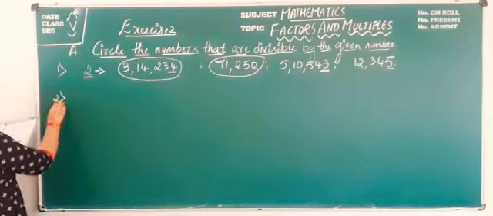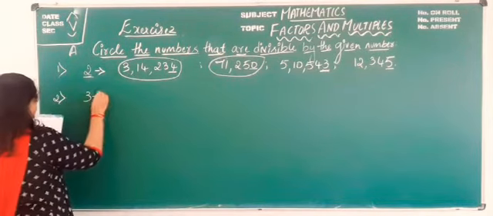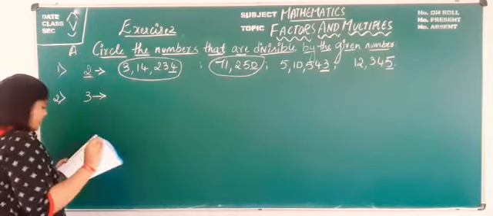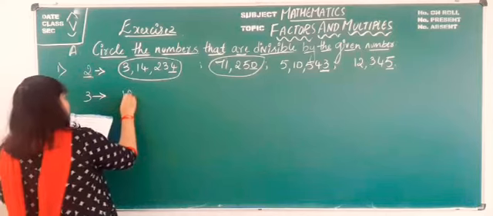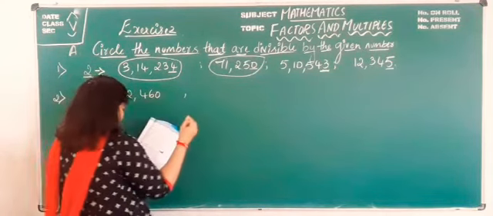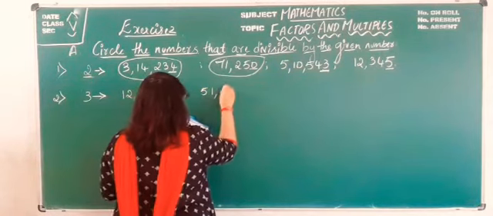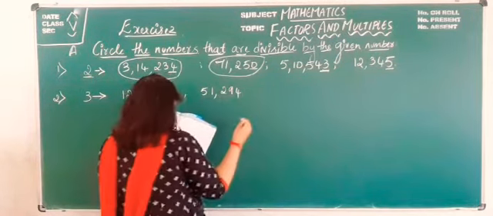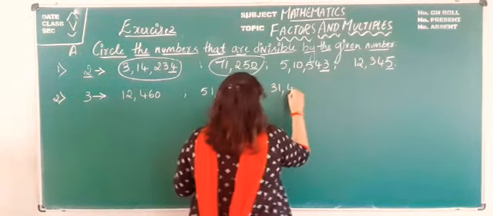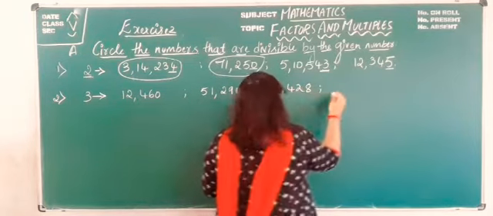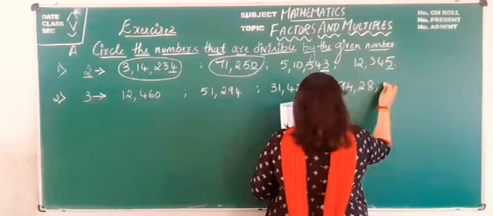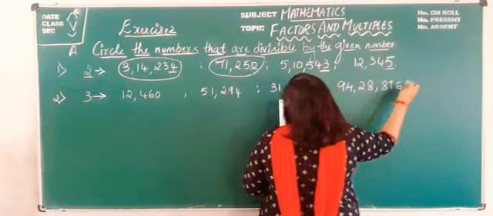So question number 2, the given number is 3. We have to check whether the given number is divisible by 3 or not. So next we are at the second question. We have 12,460, 51,294, then 31,428, and then 94,28,876.